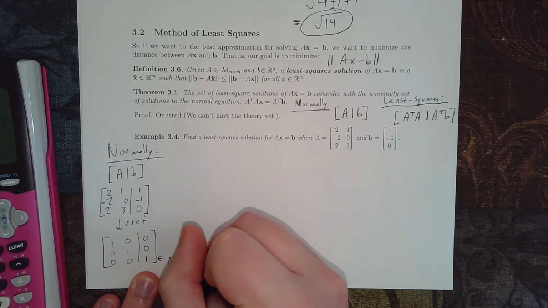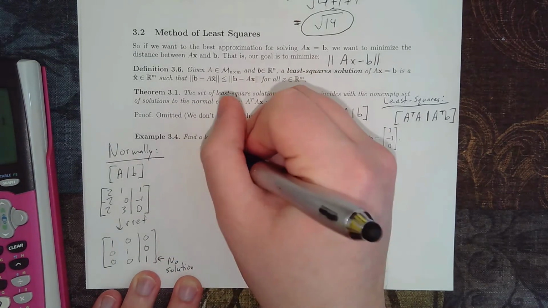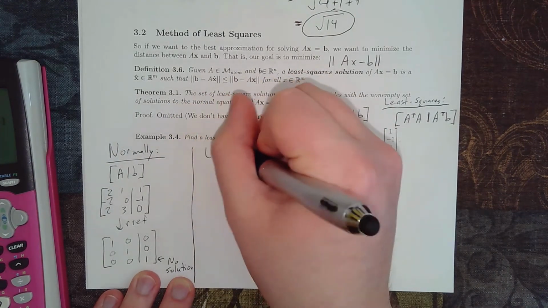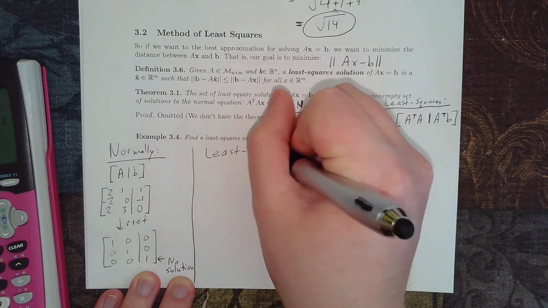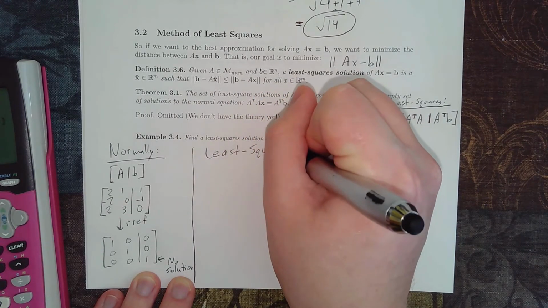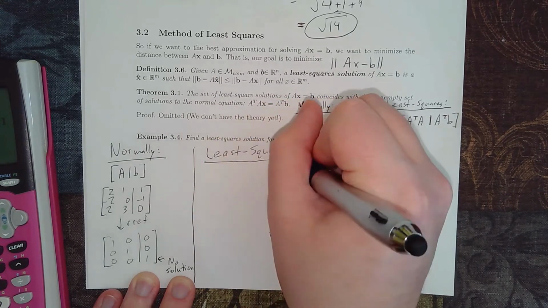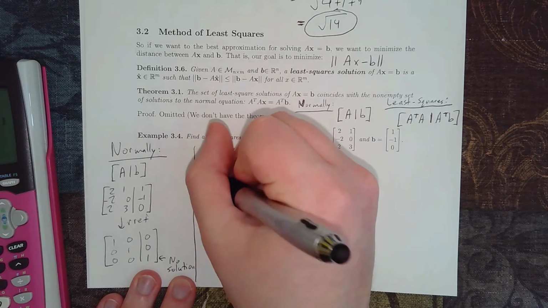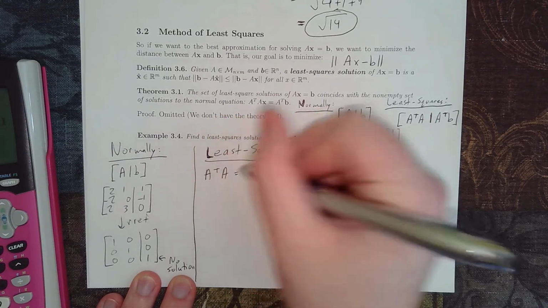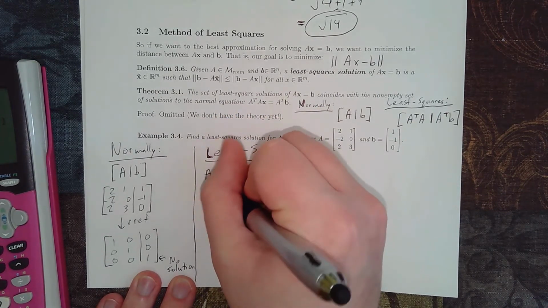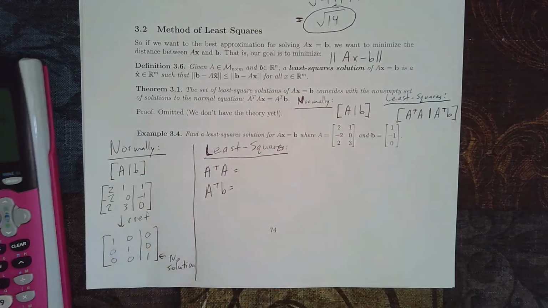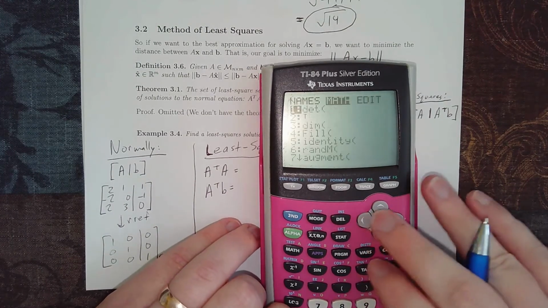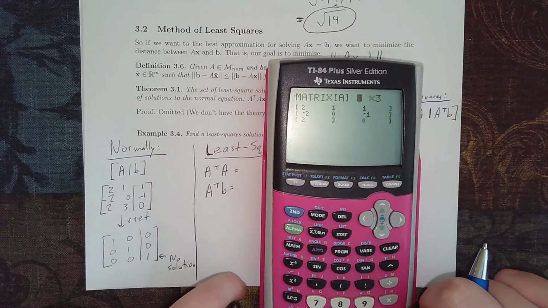So in order to try to get some sort of approximation, we'll do least squares. And so first we need to find A transpose A, and we need to find A transpose b. So let's put these two into our calculator so that way we can do it a little bit quicker. I'm sure you guys know how to do matrix multiplication.